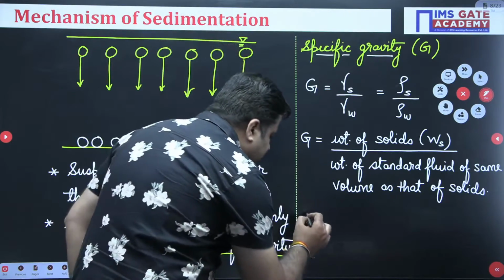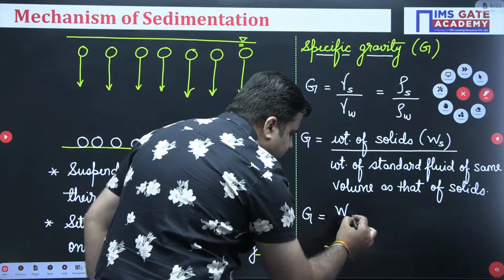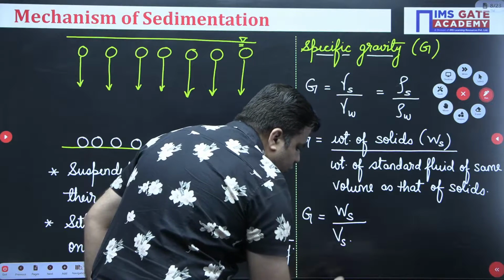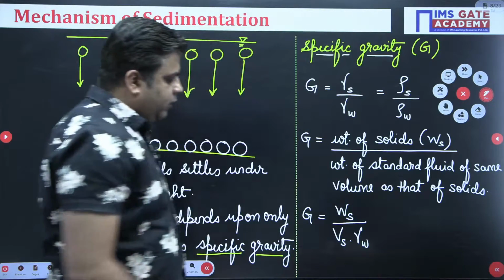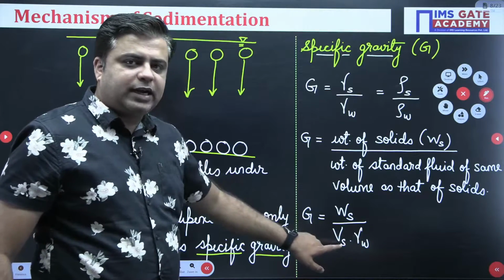So when you write this down, the weight of solid Ws divided by volume of solid, that is Vs, into unit weight of water, that is gamma W. Weight of solid divided by the weight of water having the same volume as that of solids.